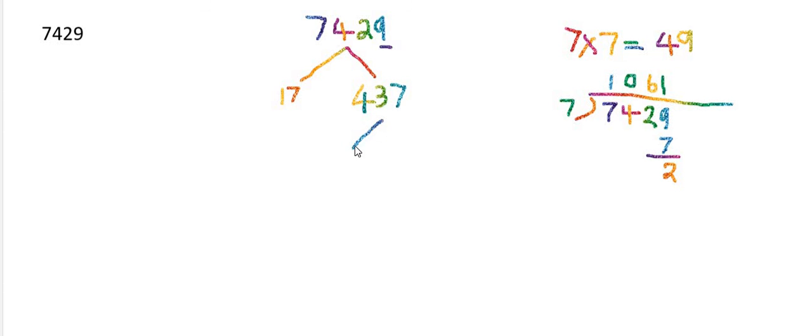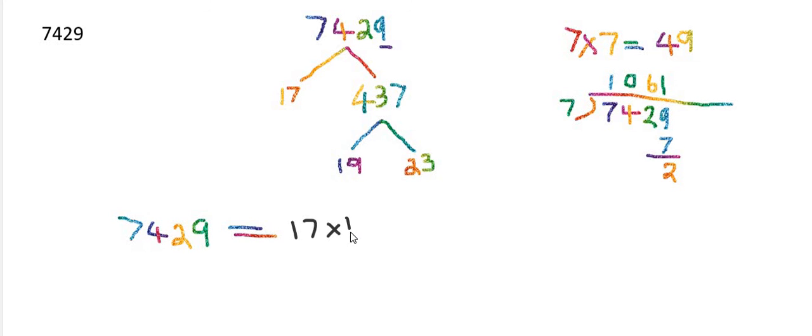We try with 9, which is not possible, and we try 19. When we divide by 19, we get 23 as a factor. So 19 into 23 is 437. So you got all these factors. The factors of 7429 are 17 into 19 into 23.